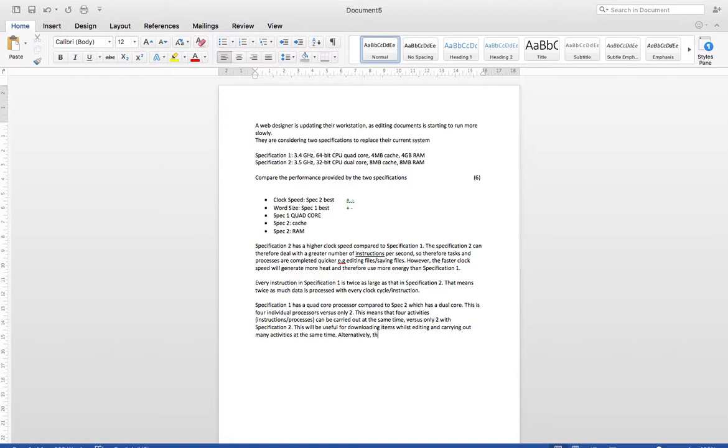Alternatively, the 4 processors can share the execution of the same program, again speeding up the time taken to complete processes like loading applications.